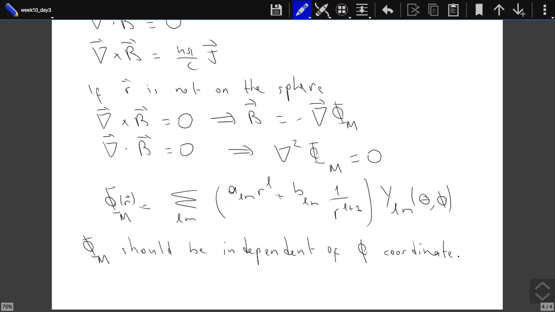Well, we know that Y_lm depends on phi if m is non-zero. If you remember, the dependence of Y_lm on phi is e to the power i m phi. So only the m equal to 0 terms can survive, can exist in this summation.